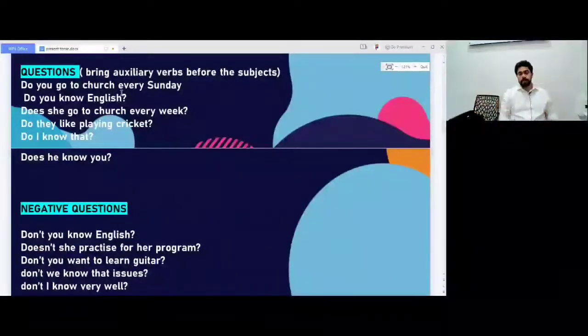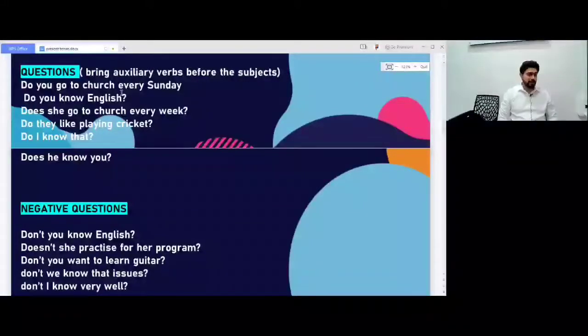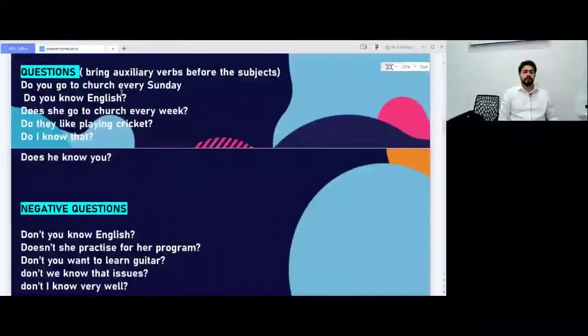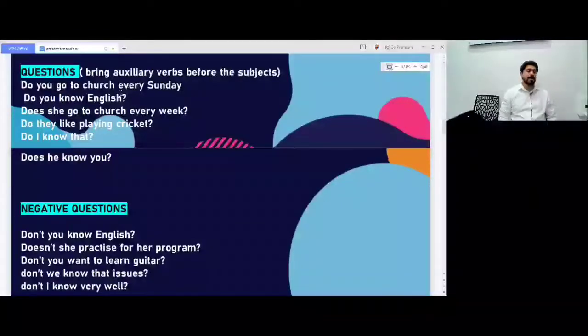The other thing you need to know is that when you want to make a question, you have to bring the auxiliary verb outside of the sentence. You need to put the auxiliary verb just before the subject. That is the other thing. Any statement you can make a question: just remove the auxiliary verb inside and put it at the beginning.